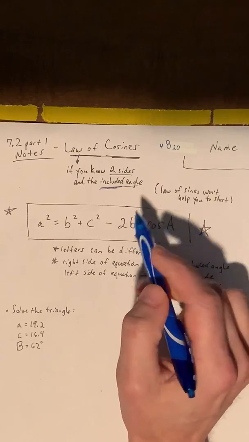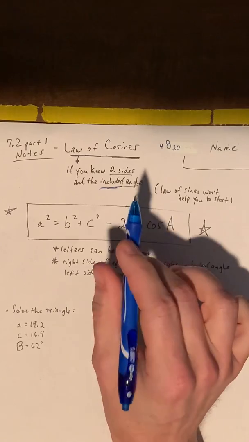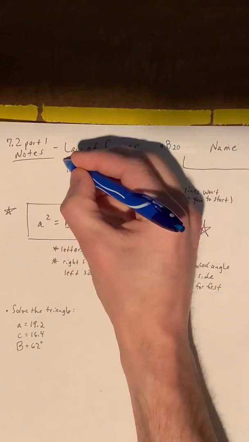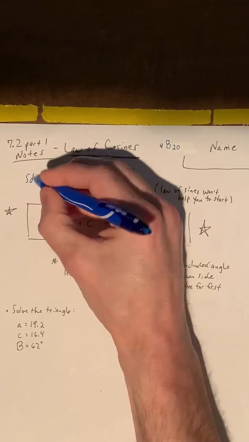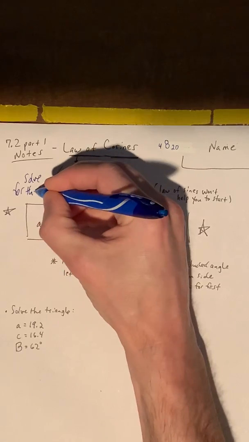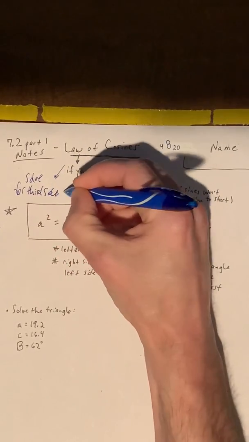What we're going to do today is start off solving for the 3rd side. We know 2 of the sides, and we solve for that 3rd side first.